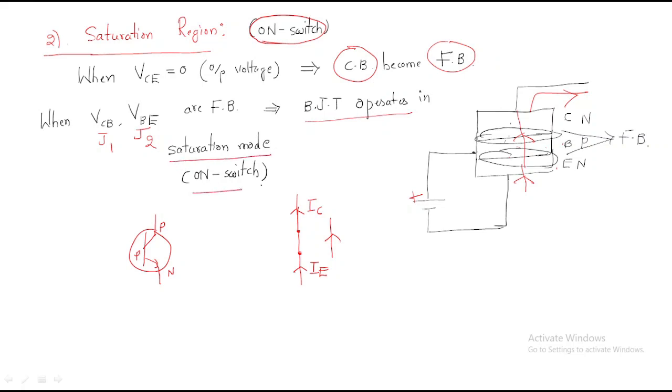Saturation mode means on switch. Current flows from the emitter to the collector terminal. This is the saturation region, the second region of the BJT.